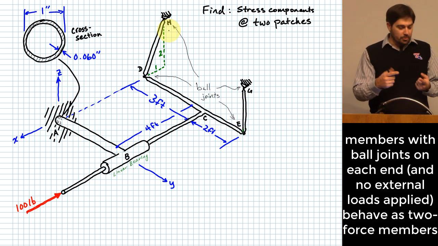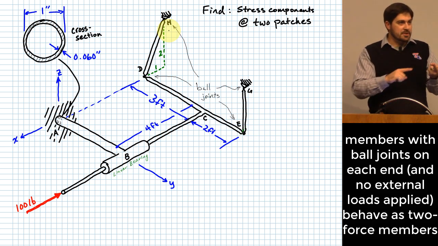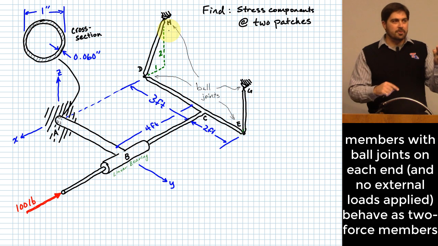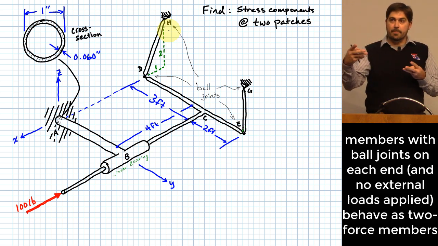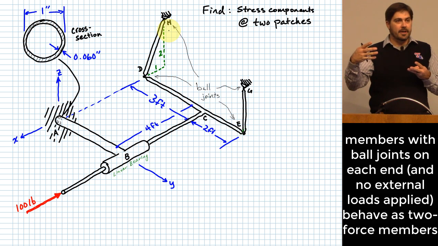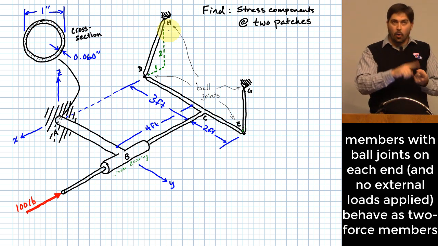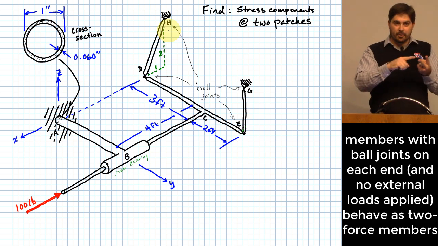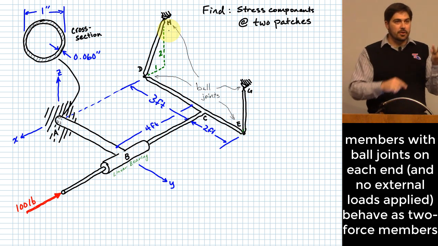Basically the rules back then were if you had a member that was connected only at its ends with frictionless pins and no external forces applied to it, then you could assume that the member was going to be a two-force member. I'm basically extending that out to 3 dimensions for these pieces, all right? They are connected only at their ends with frictionless ball joints, and no external loads applied anywhere else. So those are two force members.